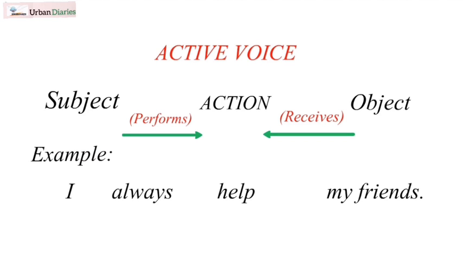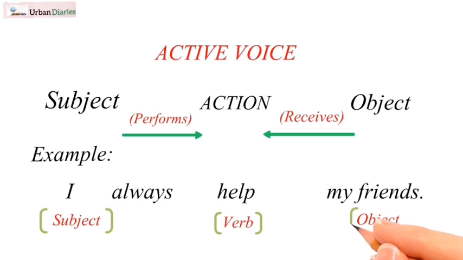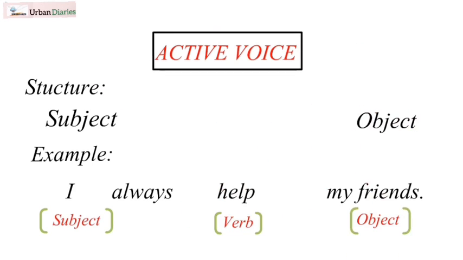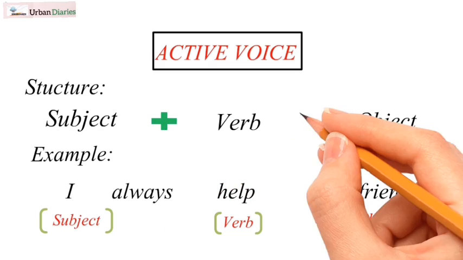In the given sentence, I is the subject who is performing the action of helping, and my friends is the object who are receiving the action of help. So I is the subject, help is the main verb, and my friends is the object. Hence we get the simple structure of an active voice, which is subject plus verb plus object.